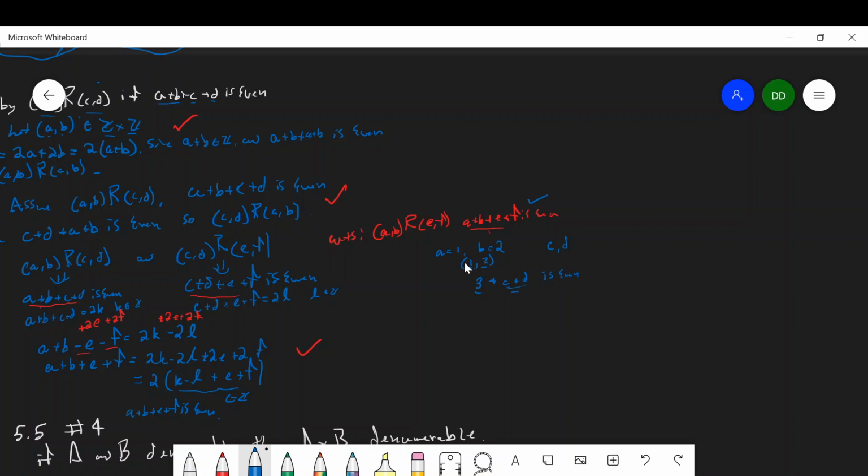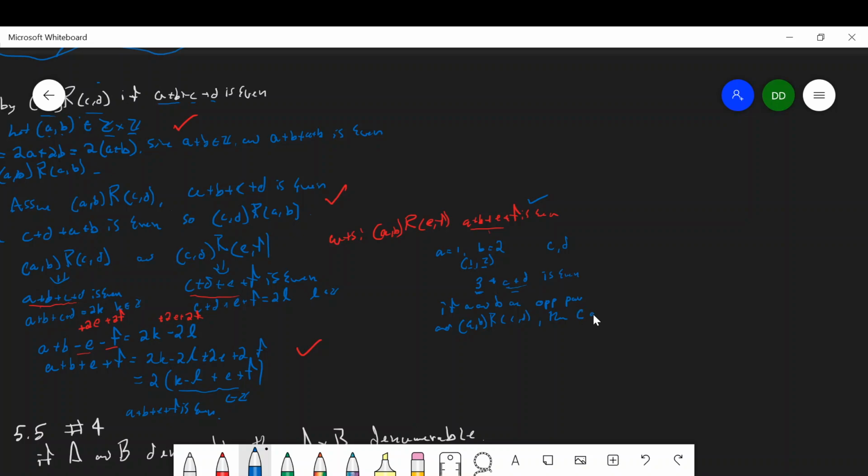So it seems like I'm hot on the trail of what these equivalence classes look like. So if A and B are opposite parity, and AB is related to CD, then I know that C and D also have to have opposite parity, because A and B being opposite parity means I'll end up with an odd for their sum, and then I need another odd, so C and D have to be opposite parity.